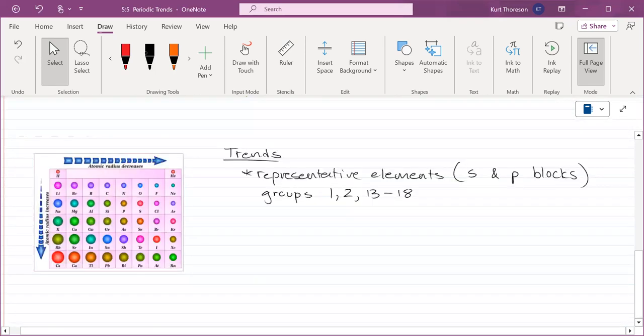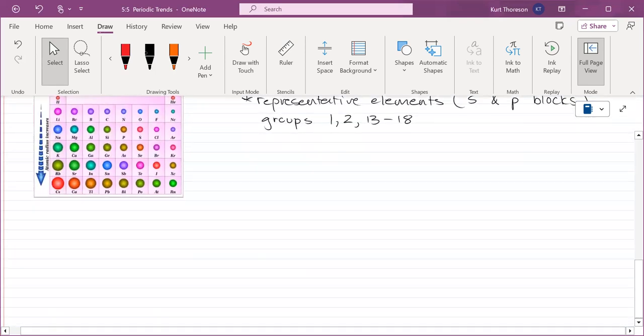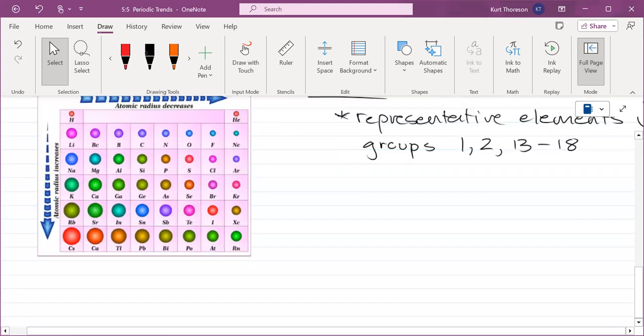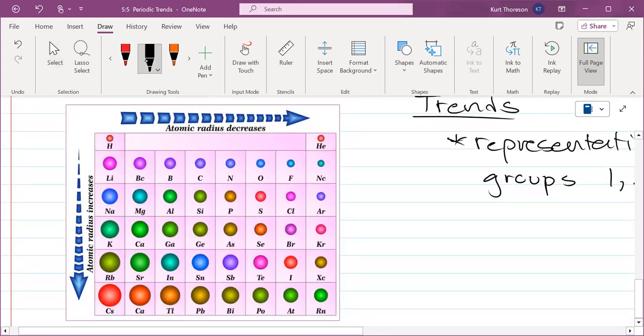Okay. All right. So guys, if you look at this diagram here, I want to make this very clear to you. This line I'm drawing separates the S block from the P block. So if you look at the S block, look at the second group. That should be a Be, not a Bc.